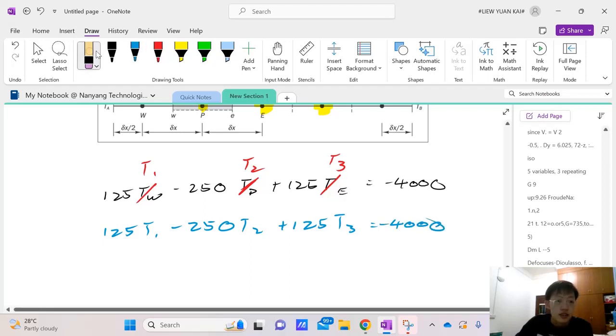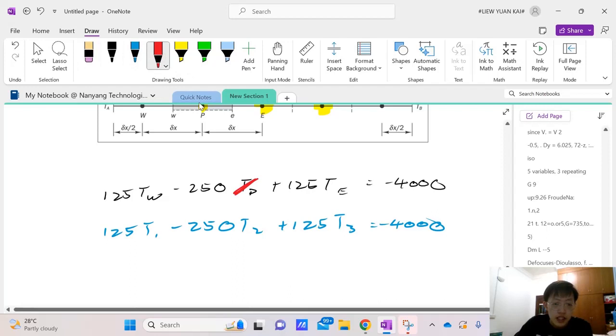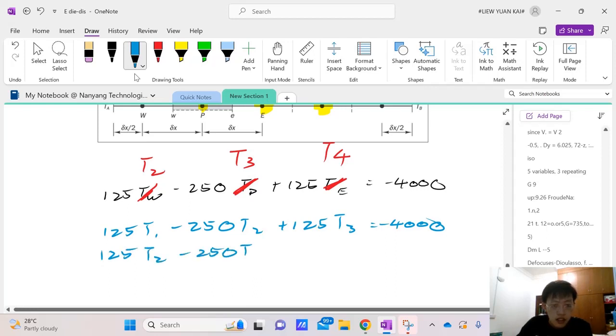Next, we use this again. Now P is 3, east is 4, west is T2. So now you generate this equation, 125 T2 minus 250 T3 plus 125 T4.